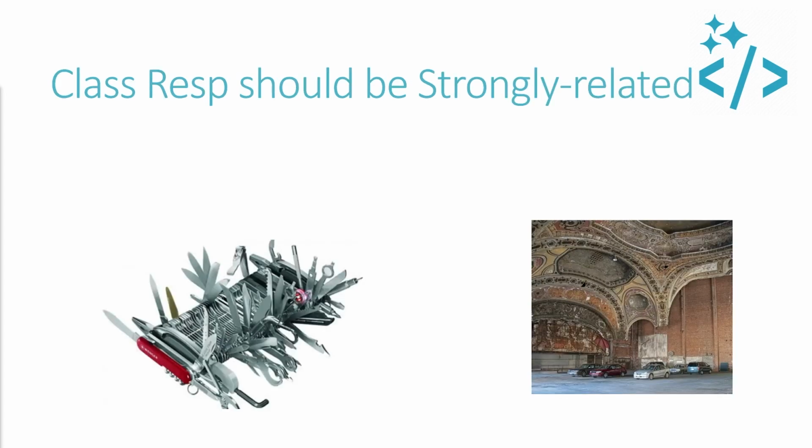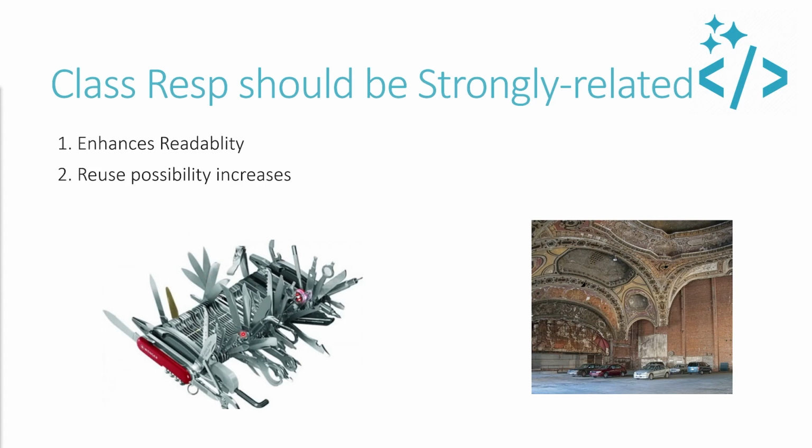Speaking about strongly related data, we should not create classes which do too much, because readability is enhanced if all the things are in one place, and reuse is encouraged.